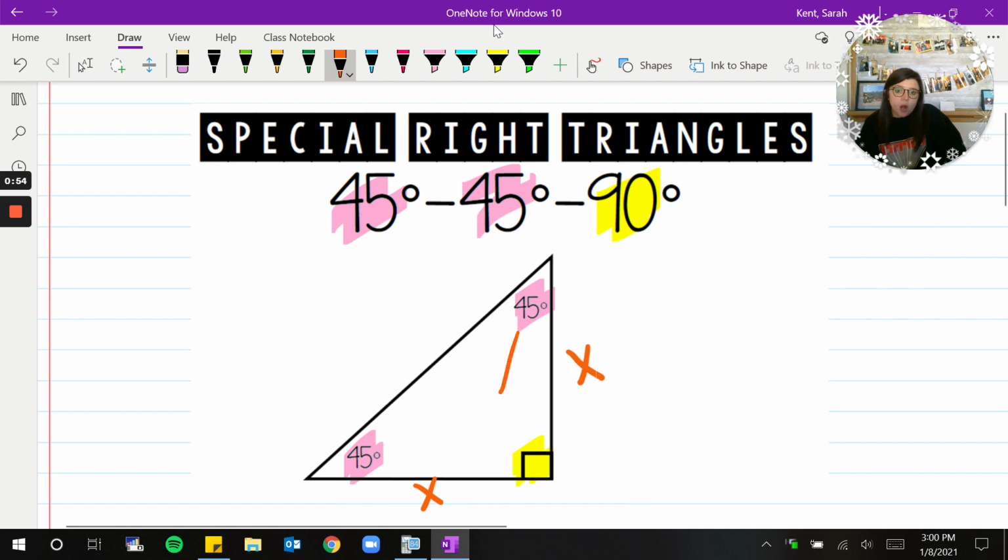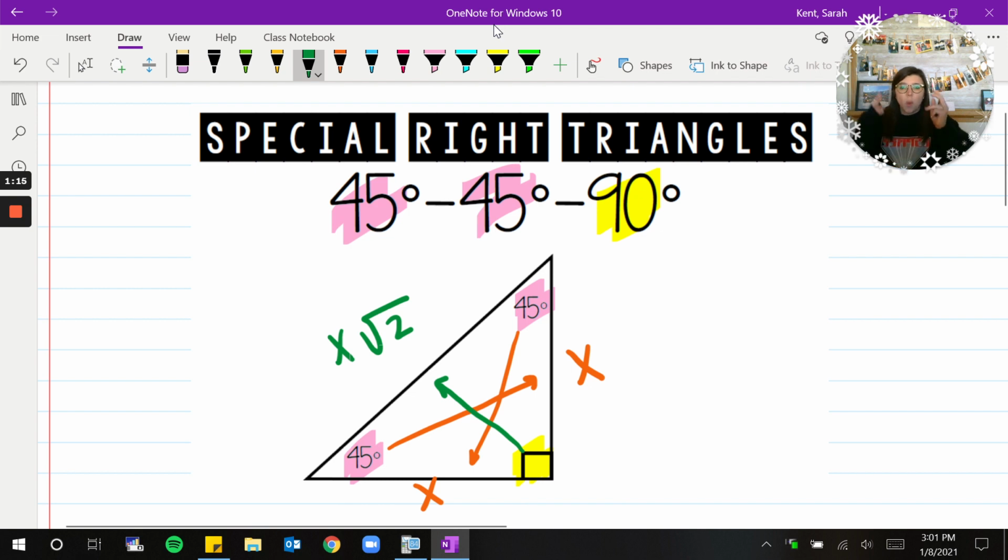This is across from that 45-degree angle. Those two sides are going to be the same. And then across from the 90 degree, it's going to be whatever this side length is times the square root of 2.